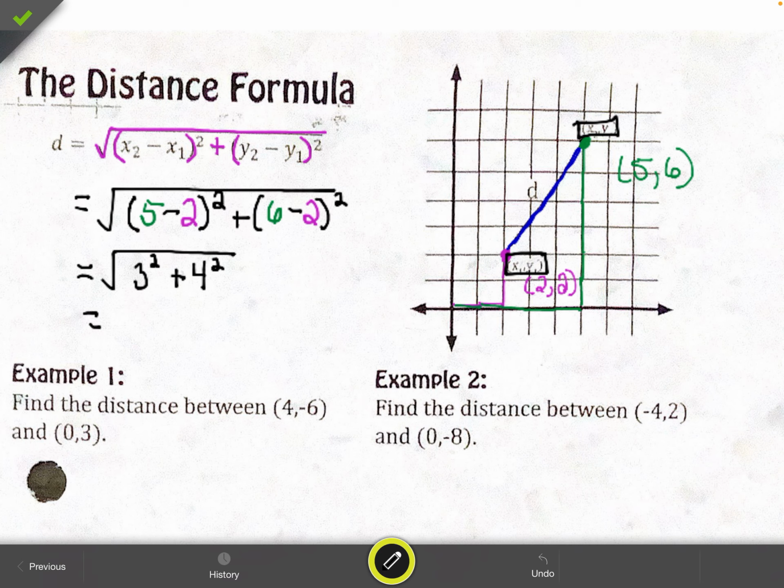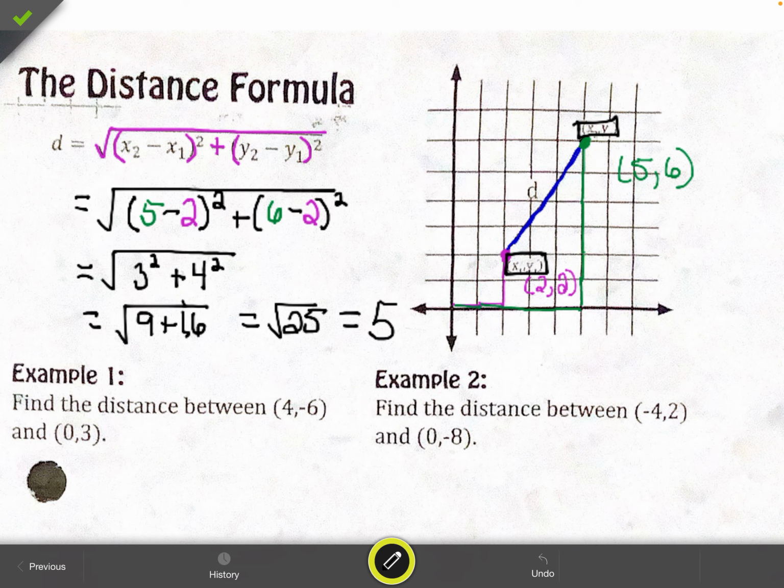3 squared, or 3 times 3, that would be 9. 4 squared, 4 times 4, that would be 16. Okay, then I got to add 9 and 16. It's 25. And then I got to take the square root. Square root of 25 is 5.